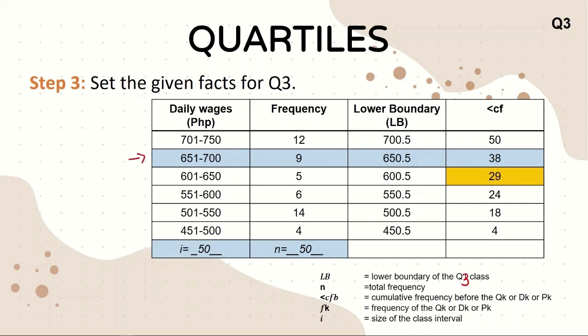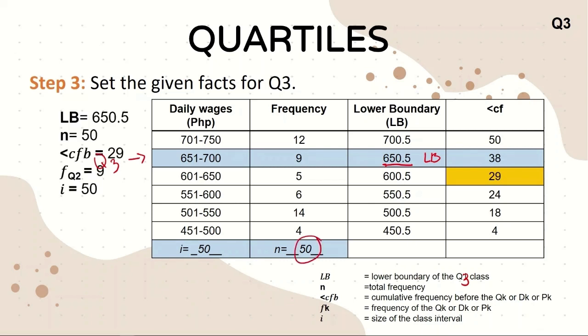Therefore, the lower boundary is equal to 650.5. Then the total frequency is the same, 50. The less than cumulative frequency before quartile 3 is equal to 29, and the size of the class interval is equal to 50. We need that data for us to compute the third quartile.